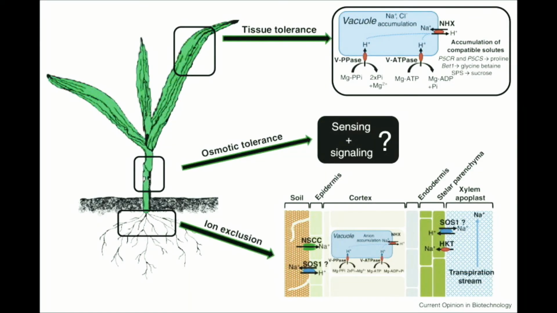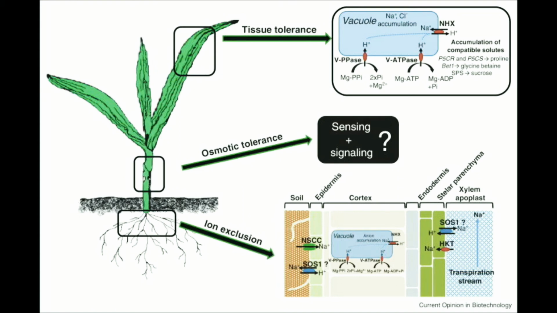The three main mechanisms of salinity tolerance in a crop plant: tissue tolerance, where high salt concentrations are found in leaf but are compartmentalized at the cellular and intracellular level, especially in the vacuole, a process involving ion transporters, proton pumps, and synthesis of compatible solutes.